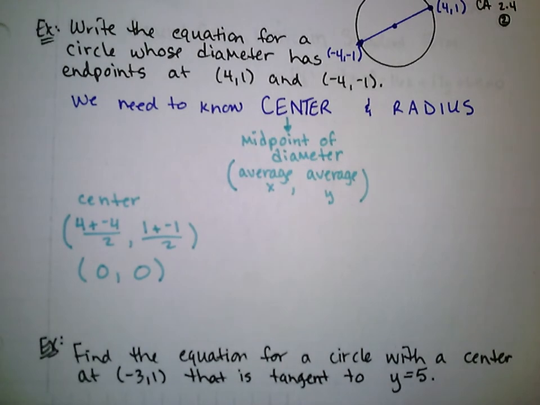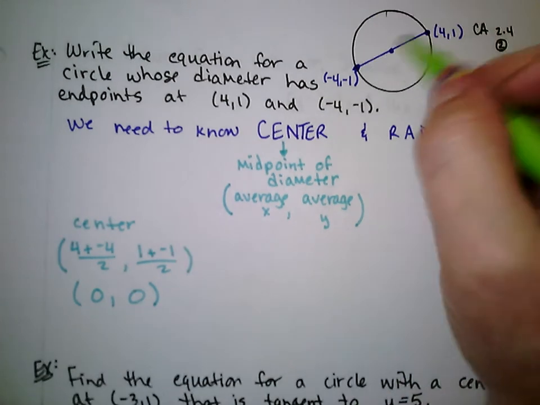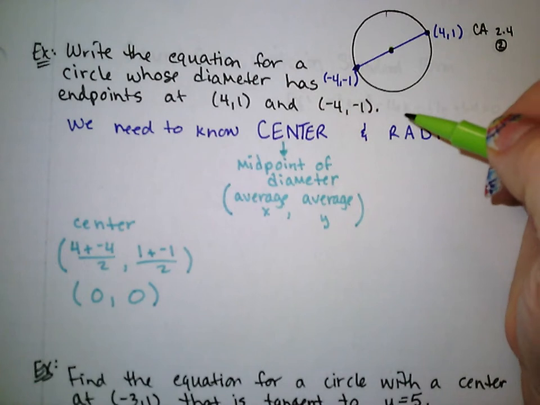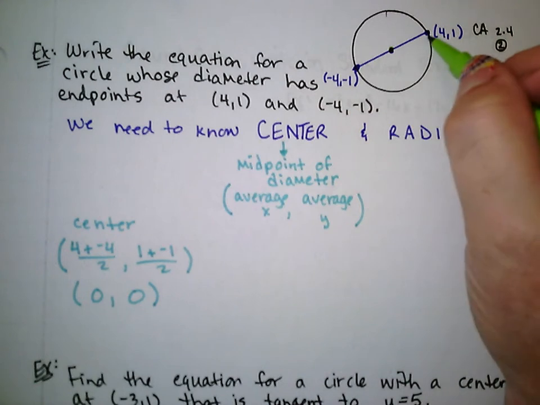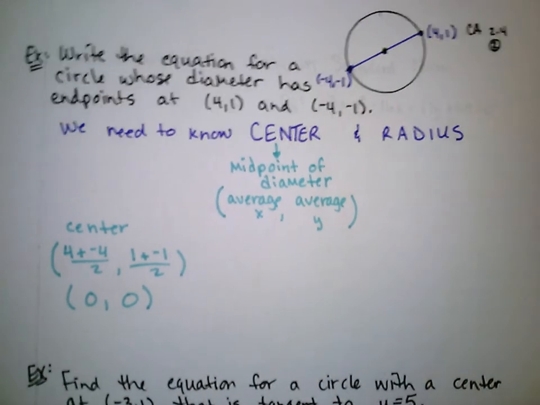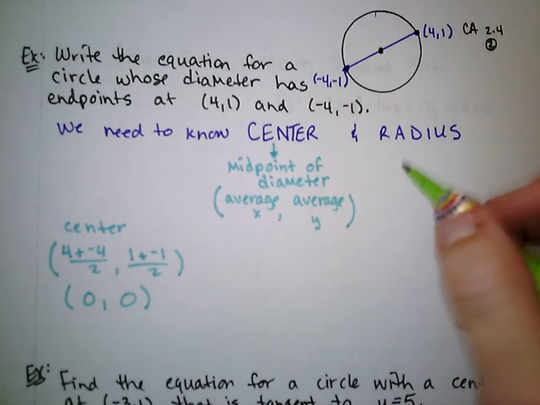Then the radius is going to be the distance from the center to the edge of the circle, or we could find the length of the diameter and divide it by 2. So that's going to be your choice about how to do that.